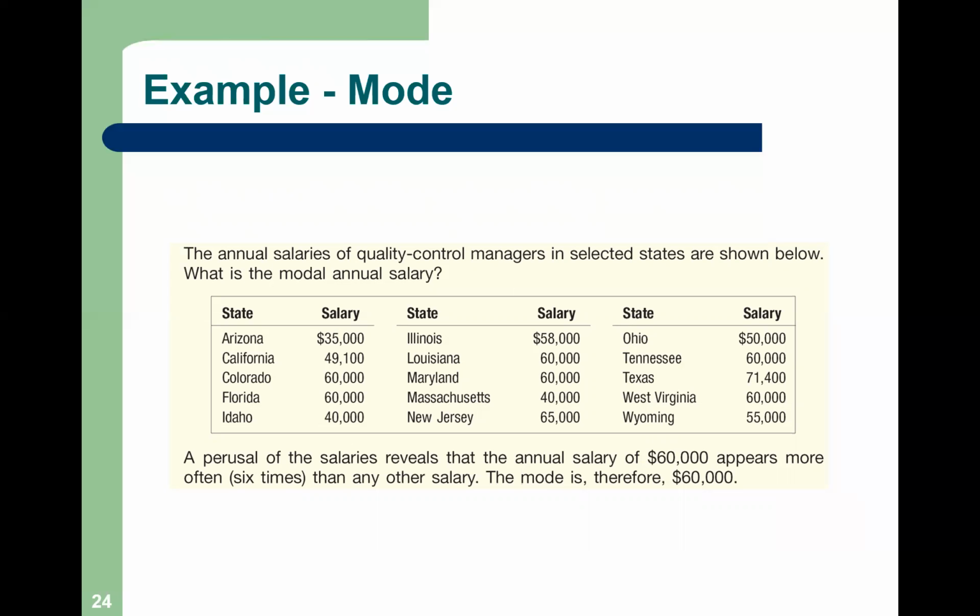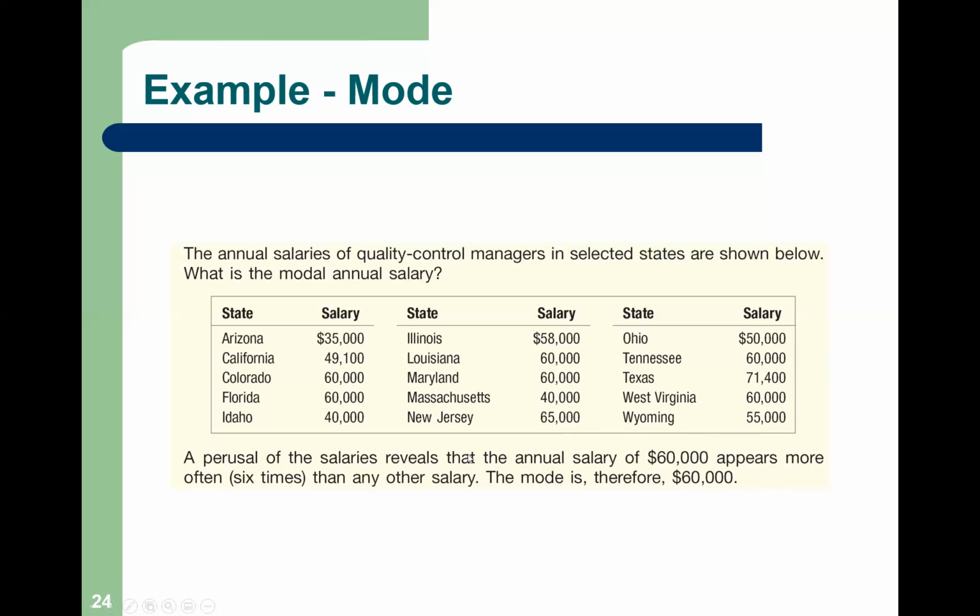To find out the modal salary, we need to see which value is most repetitive. 35,000 is only one value, repeated only once. 49,100 is not repeated. 60,000 is repeated 1, 2, 3, 4, 5 and 6 times. So 60,000 appears 6 times, and all other values are repeated fewer than 6 times.